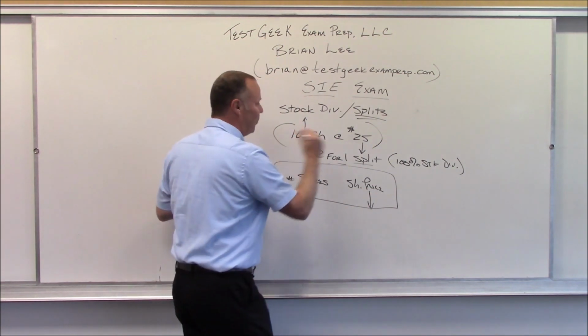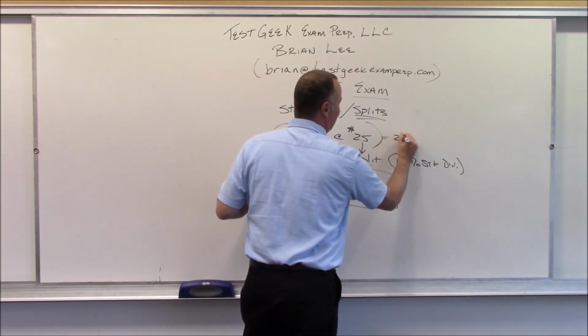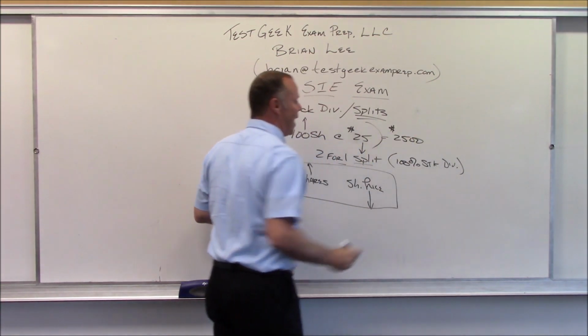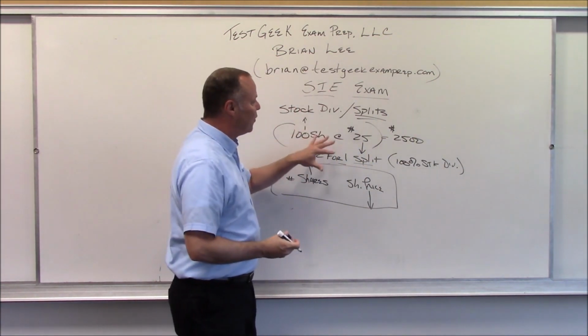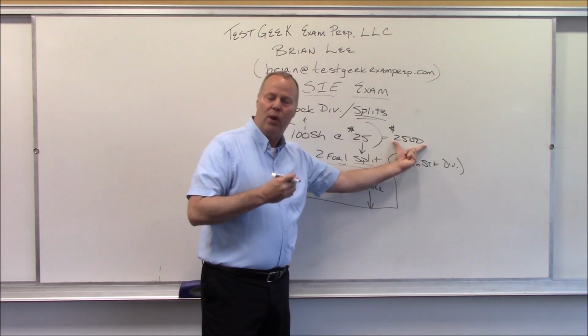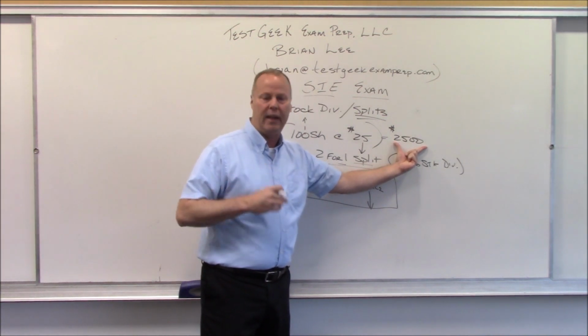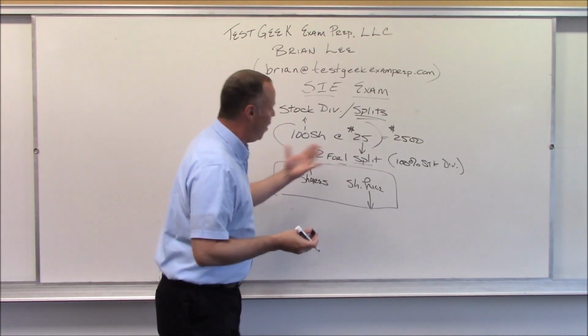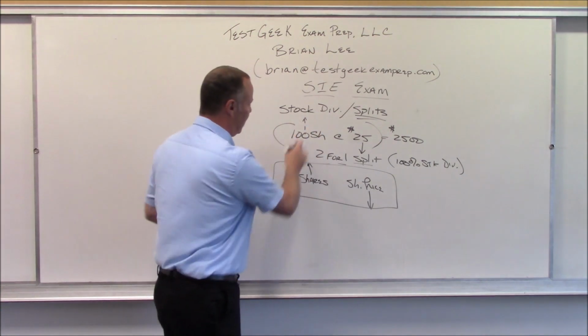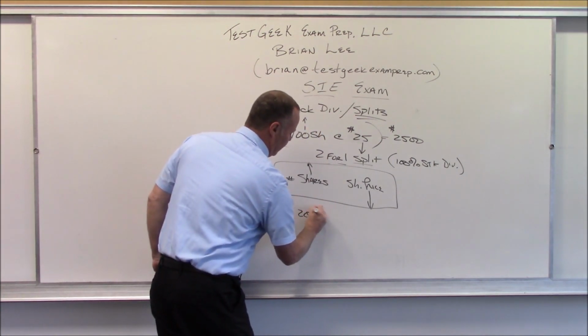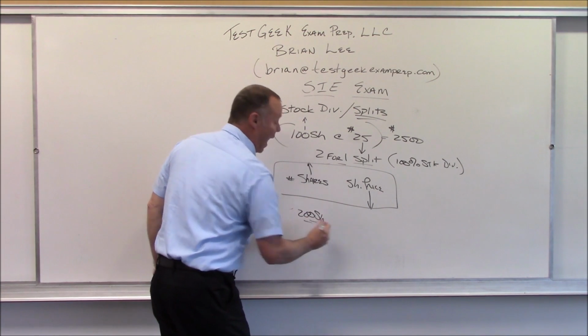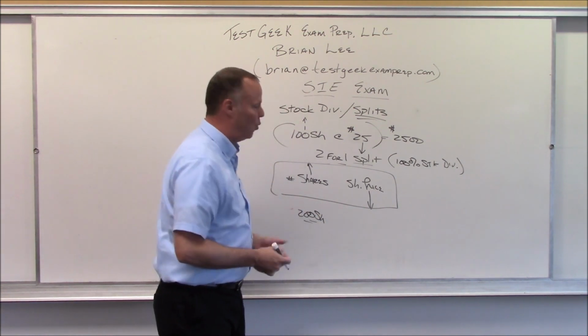Right? Well, again, if you wanted to do it mathematically, no matter what happens after the dividend, it has to remain equal in value. Okay? So in a 2-for-1 split, it's 100%. You now own 200 shares. You get an additional 100 shares.